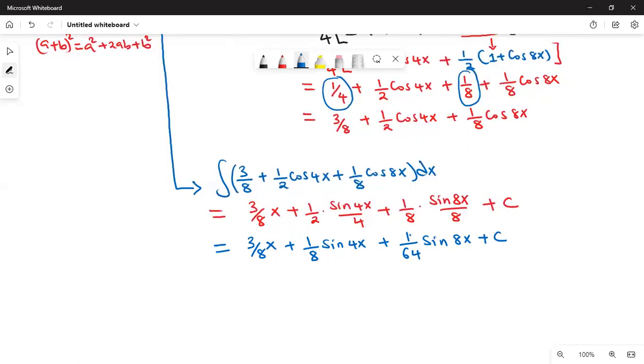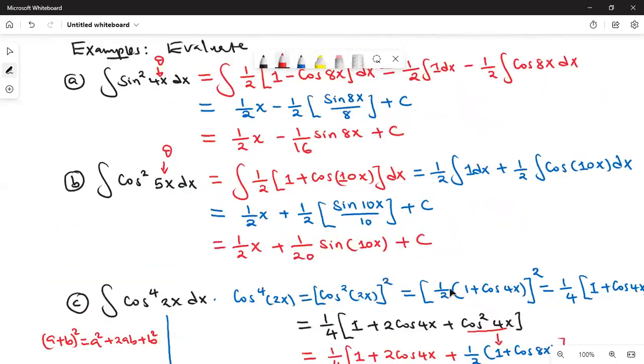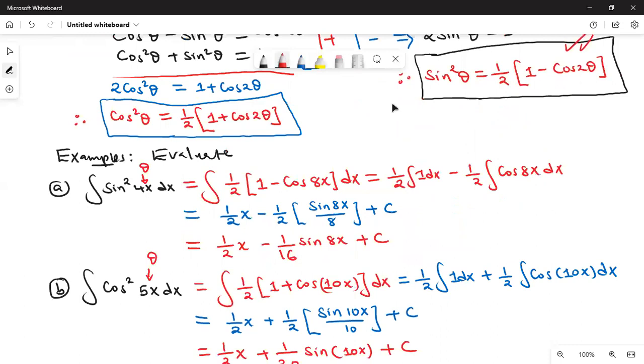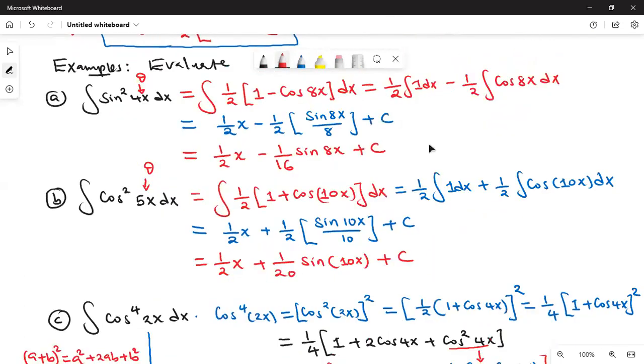So let's look at another case. That is case 2, where we have odd powers. That is when we have odd powers, or simply where n is an odd number.